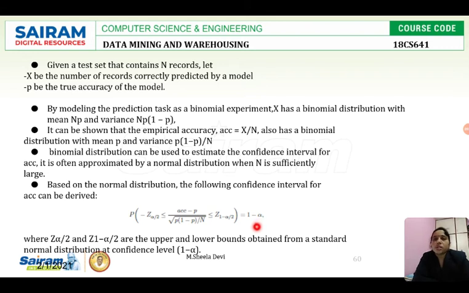So what are Z alpha by 2 and Z 1 minus alpha by 2? They are the lower and upper bounds obtained from the standard normal distribution, with confidence level 1 minus alpha. With this formula we can calculate the confidence interval with which we can compare the classifier.